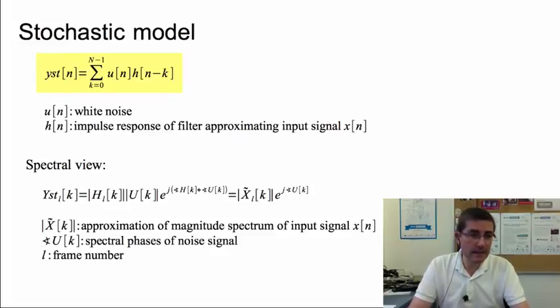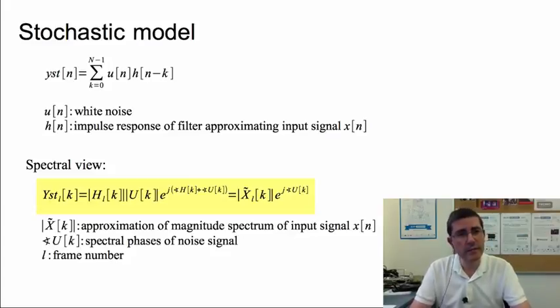If we look at the same equation from a spectral point of view, we can understand a few more things. A convolution in the frequency domain is the product of the two spectra, so the product of the spectrum of the white noise with the spectrum of the impulse response of the filter.